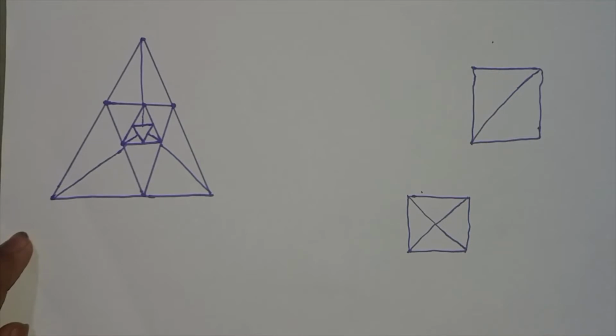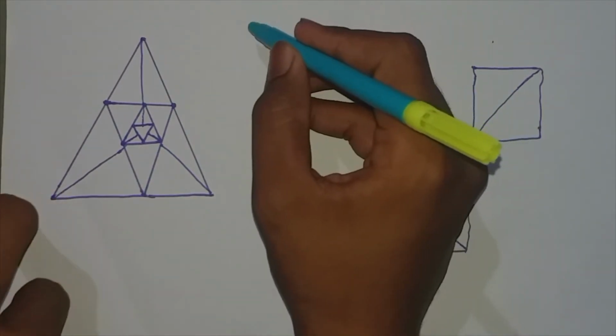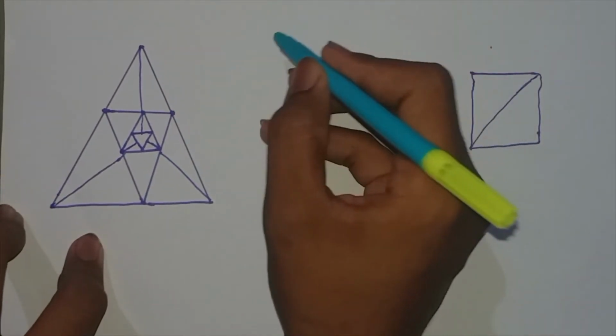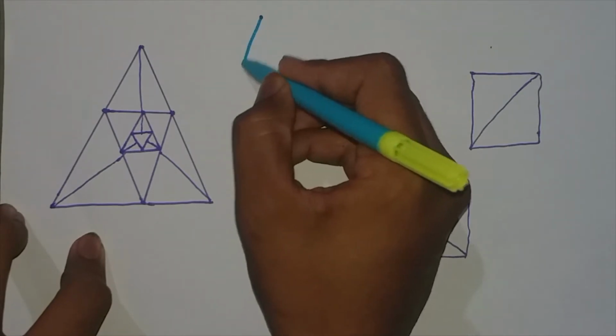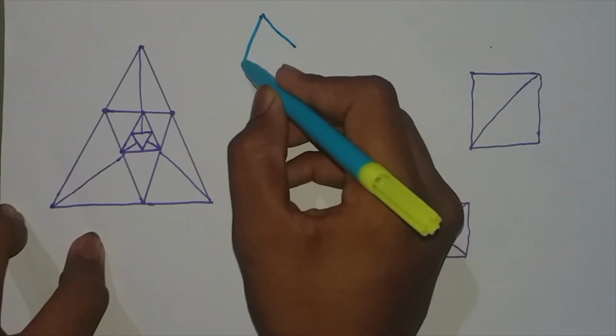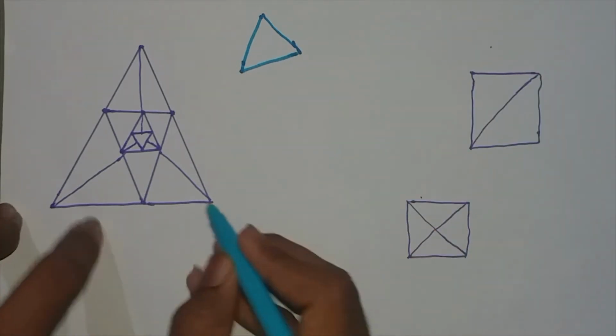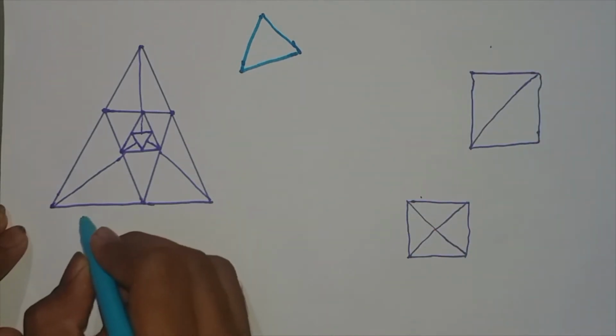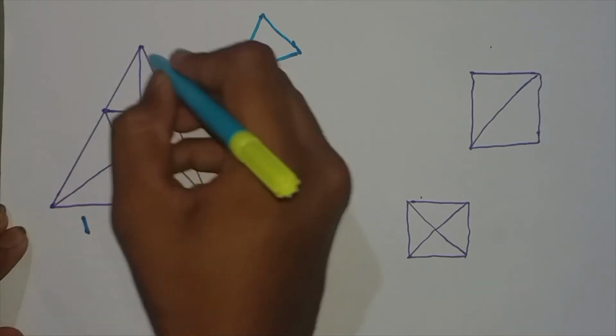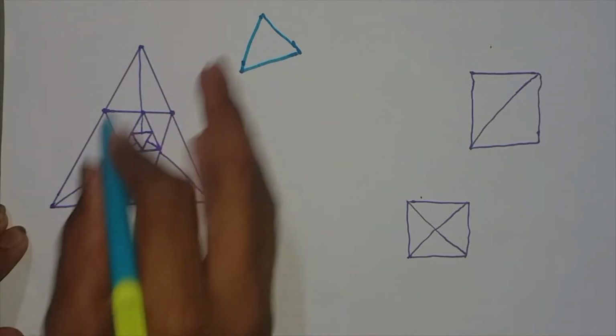The short trick method: first I will tell you the concept. The main concept is to make it into divisions. This is the first triangle, right? Write it as 1 for the first, that means the bigger triangle, the outer triangle.